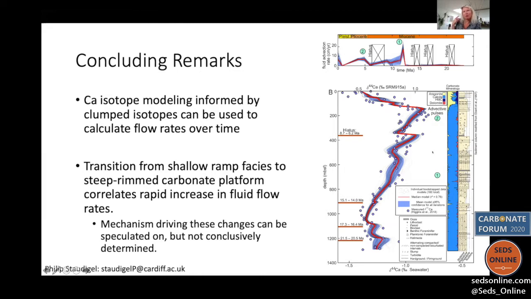So I'd expect the flow to be focused in specific permeable zones rather than to have a systematic change in the behavior down section. And I wondered if you saw any relationship between the permeability of the sediment and the calculated advection variations.